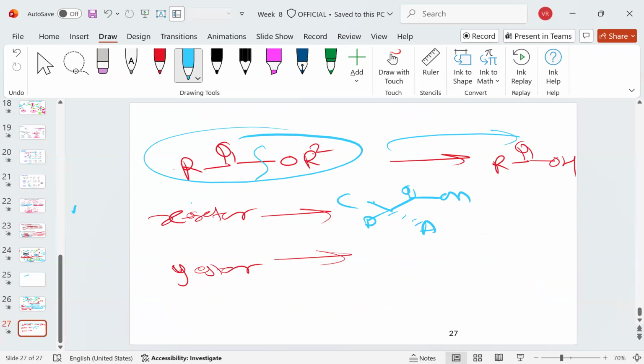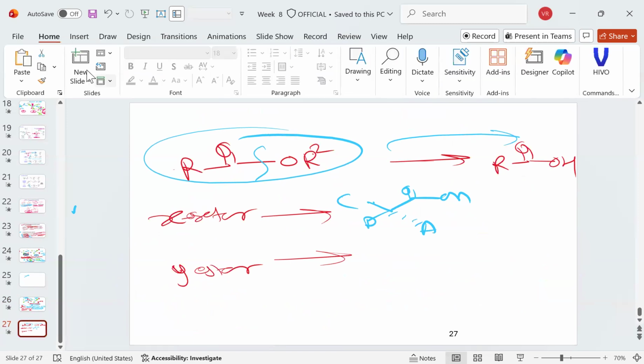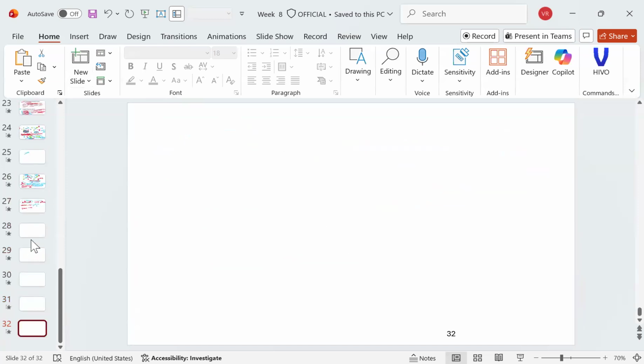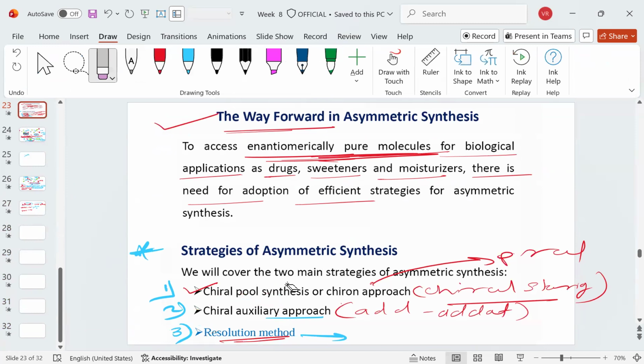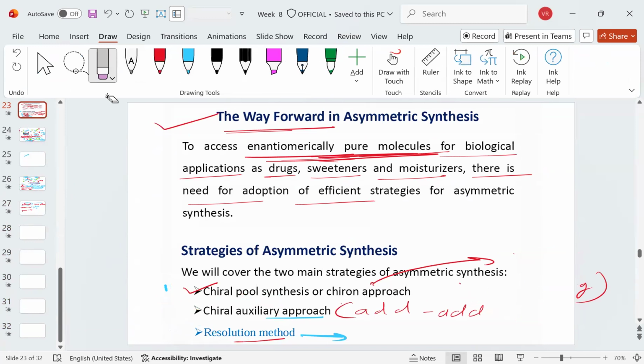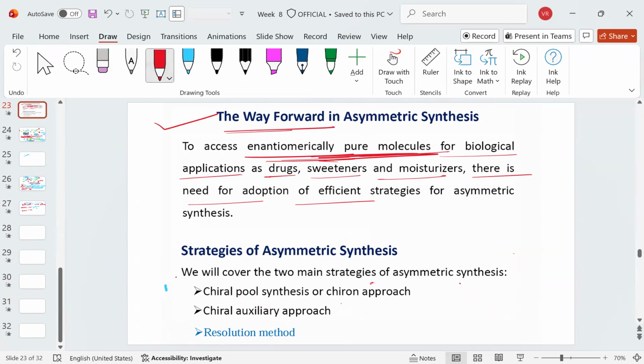So in this way, this is also one method for resolution. There are several methods for resolution, but in this course, we are not really focused on resolution. We have to mainly focus on these two other strategies, the chiral pool asymmetric synthesis and the chiral auxiliary approach in asymmetric synthesis.